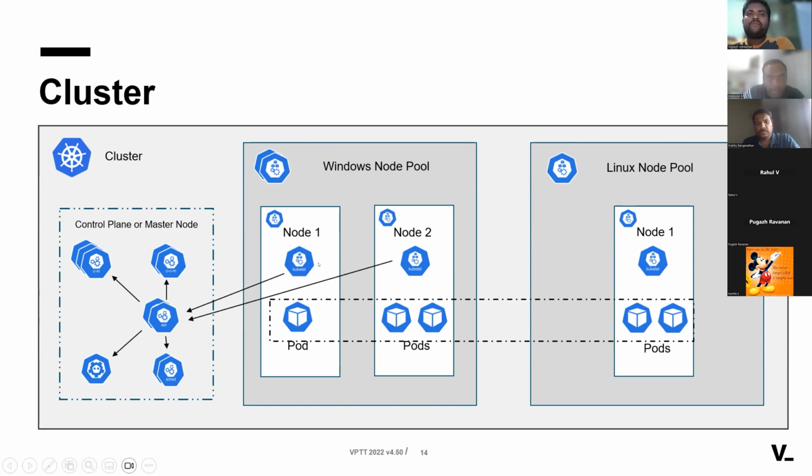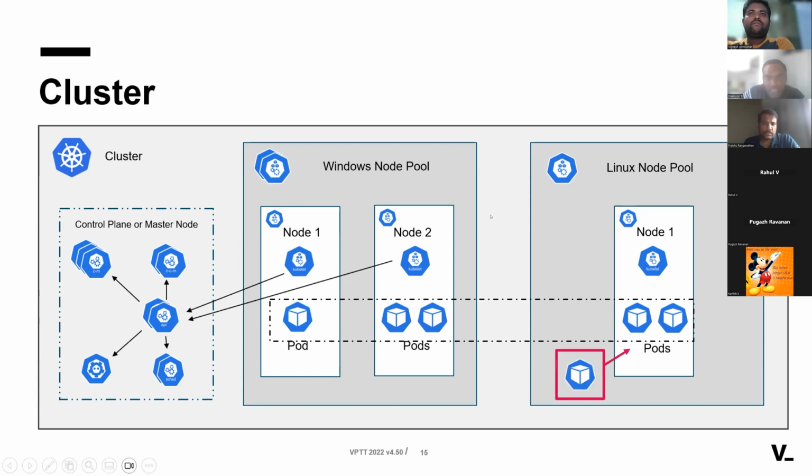One of the Windows nodes has only one pod in it, and the other Windows node has two pods in it. Similarly, as I have told, in each cluster there will be a master node as well, and the master node is responsible for managing all these worker nodes.